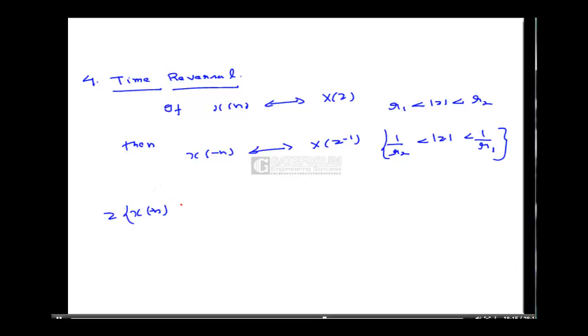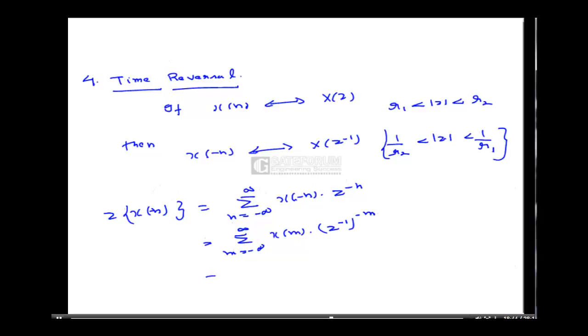Z transform of x of minus n is summation n tending to minus infinity to infinity x of minus n z to the power minus n. Okay, so I can write it as summation m tending to minus infinity to infinity x of m z to the power minus 1 minus n.